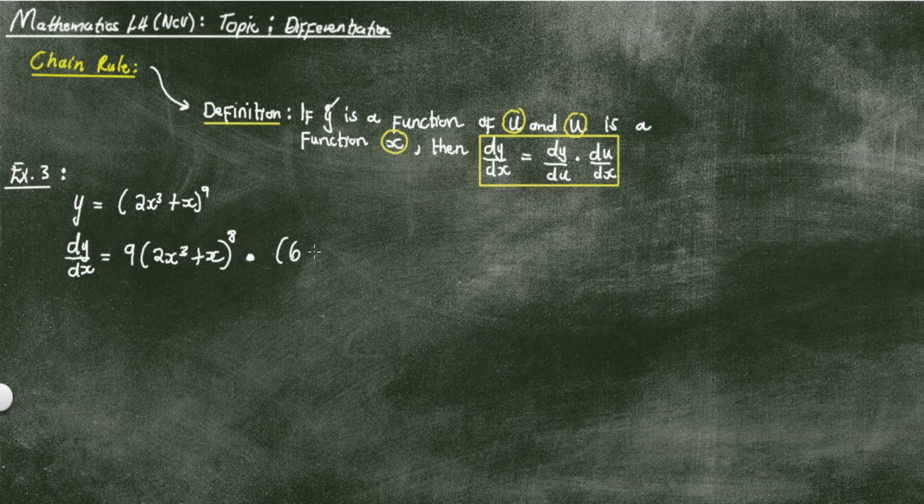So this is going to be 6x squared plus 1. The derivative for an x is just 1. Okay, then we multiply. I have 9 times 6x squared plus 1, times open bracket, 2x cubed plus x raised to exponent 8. This is my answer.